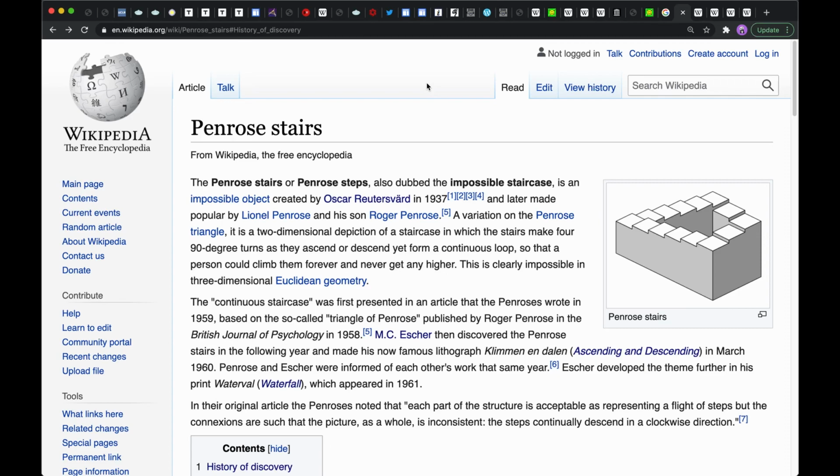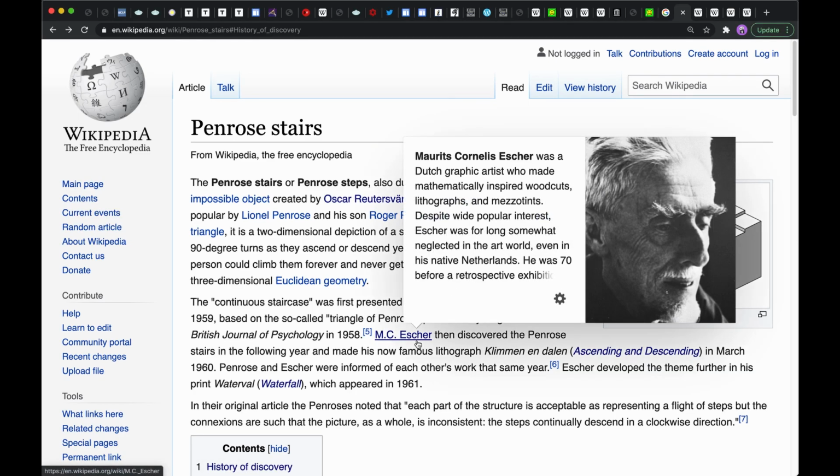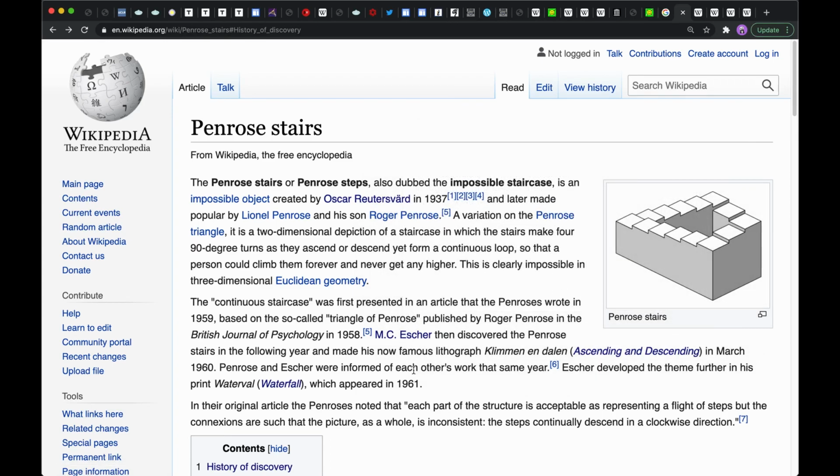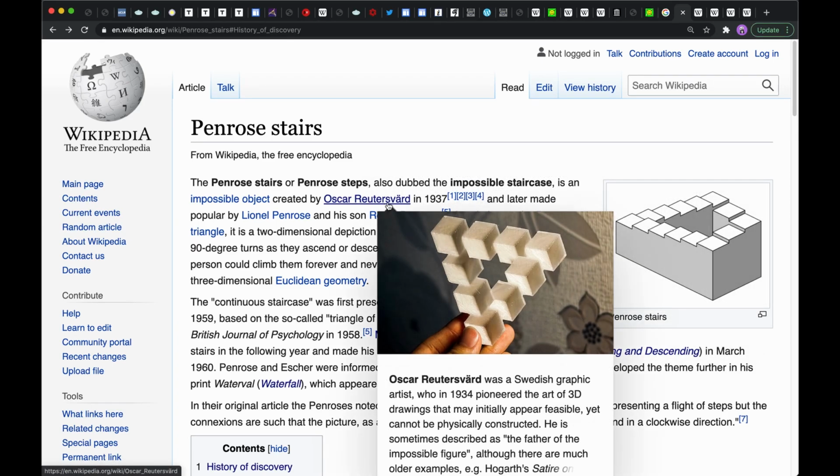I think he was Swedish, if I remember correctly. His name is pronounced Oscar Reuterswärd. Not that it matters. Yes, Swedish graphic artist. Just trivia.